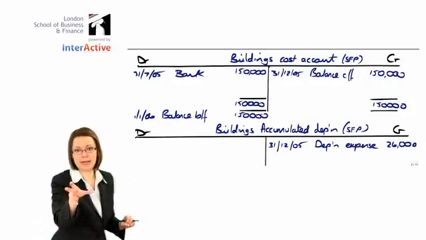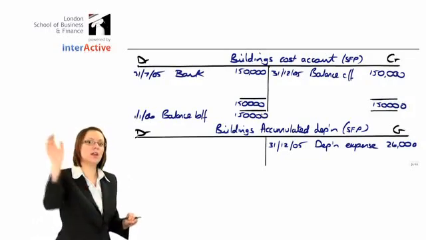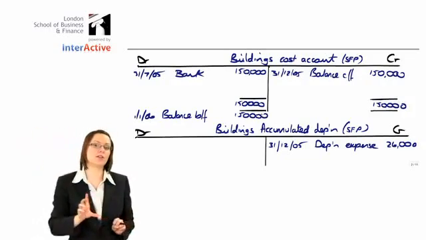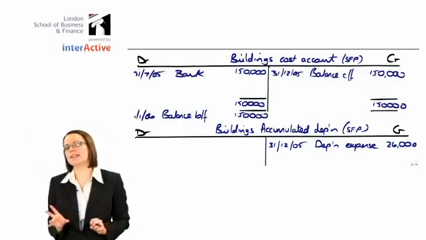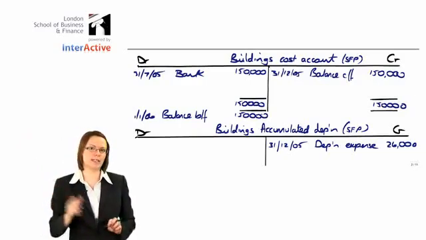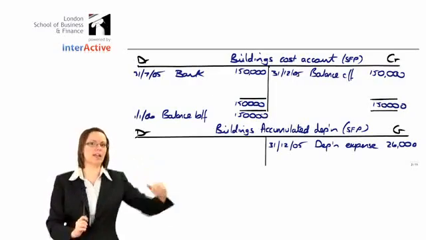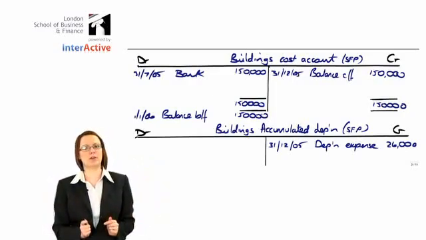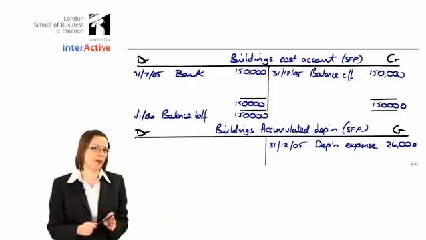So any statement of financial position accounts, carry forward, bring forward, any statement of comprehensive income account, income or expenses, you wipe clean at the end of each year. Okay, and don't carry forward or bring forward.